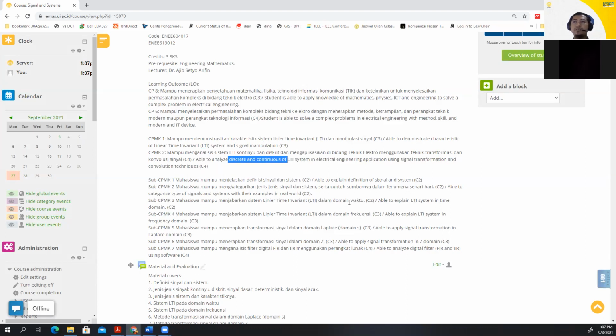Able to explain the LTI system in time domain as well as in frequency domain. Able to apply signal transformations in Laplace domain. Able to apply signal transformation in Z domain. And the last is able to analyze digital filters using software.